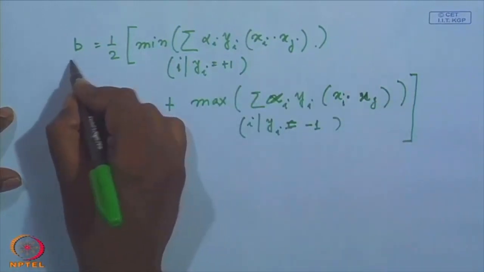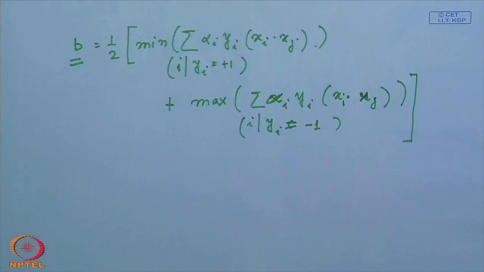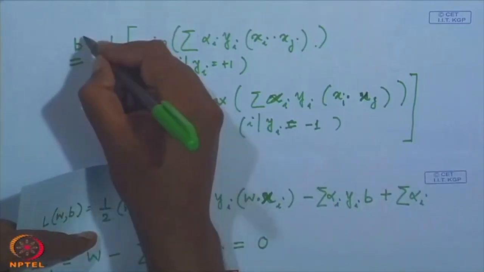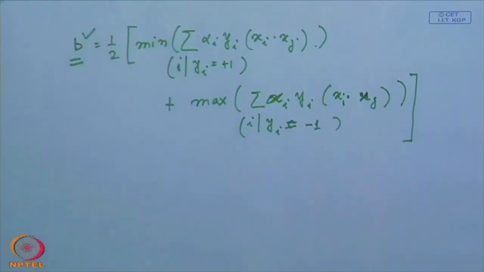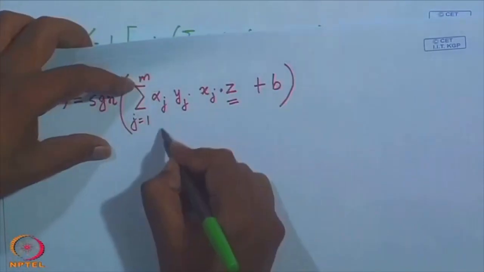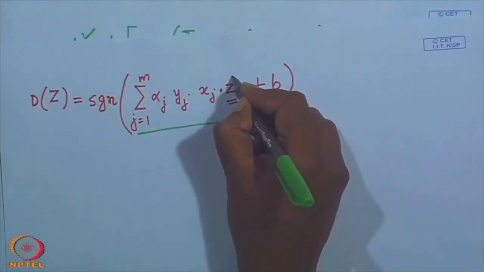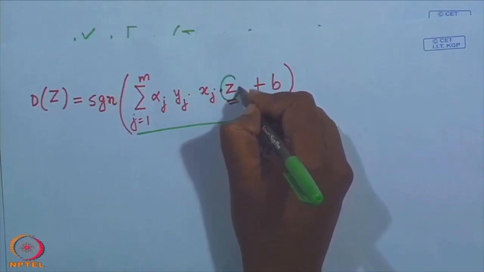That is how I get the value of B, and this W and this B go into this expression for classification of an unknown feature vector Z.